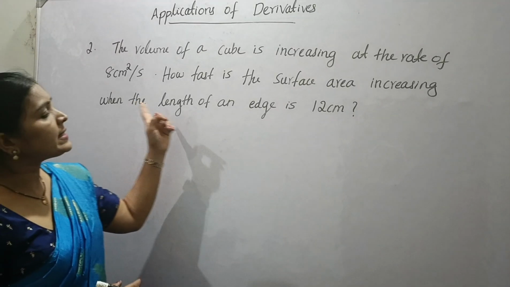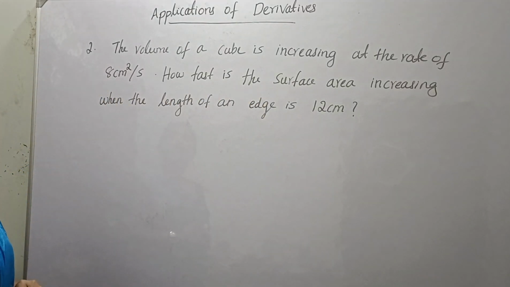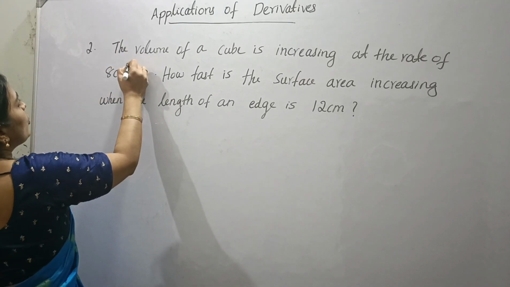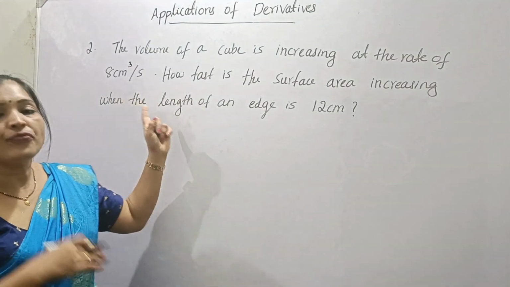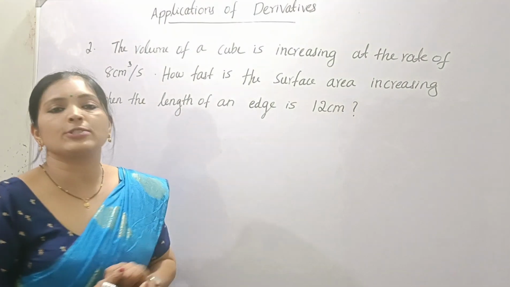Here we have to find the surface area, right? How fast is the surface area increasing when the length of an edge is 12 centimeter.